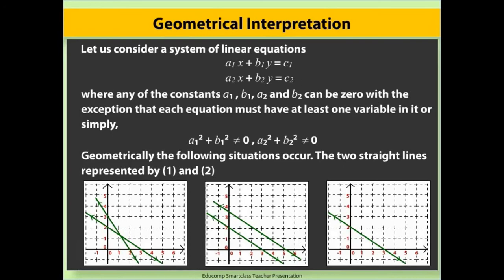Geometrically, the following situations occur. The two straight lines represented by 1 and 2 may intersect exactly at one point, may not intersect at any point, or may coincide.